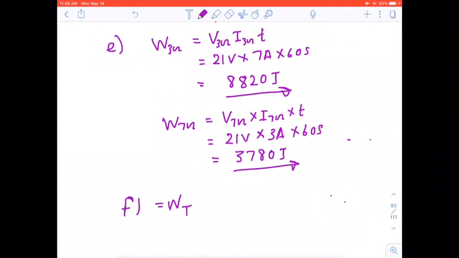The work done by the battery is the same as saying the total work done by that circuit, which would mean it is equal to the work done on the 3 ohm resistor plus the work done at the 7 ohm resistor.